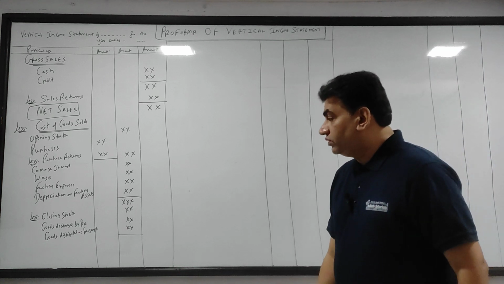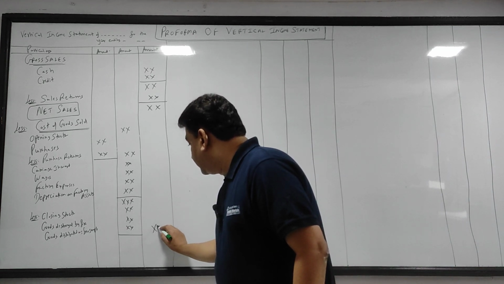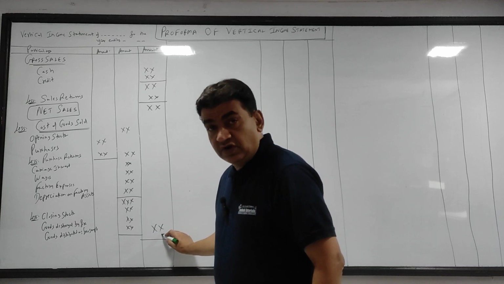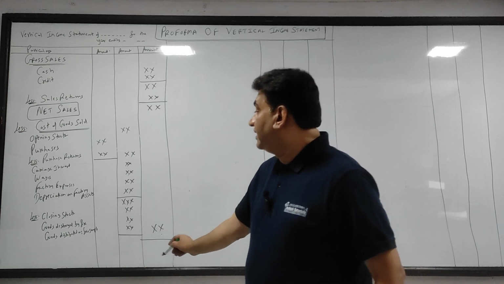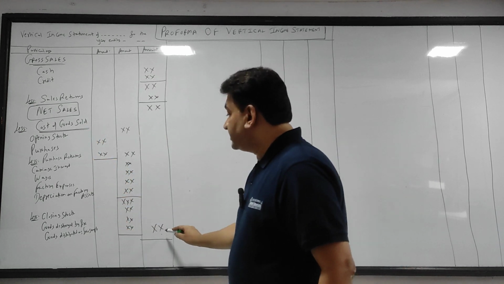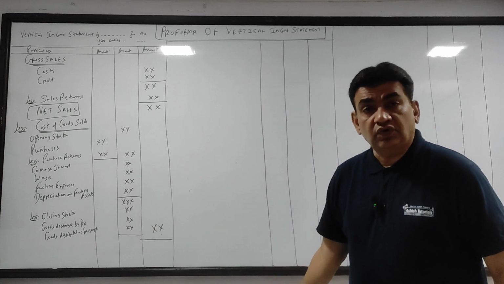Okay? So this total minus these three, whatever I get here will come in the third column, and this is nothing but my cost of goods sold. So this final figure is my cost of goods sold.